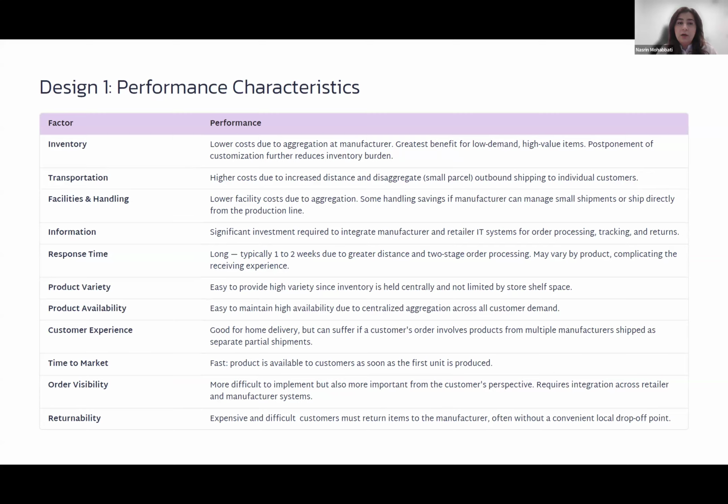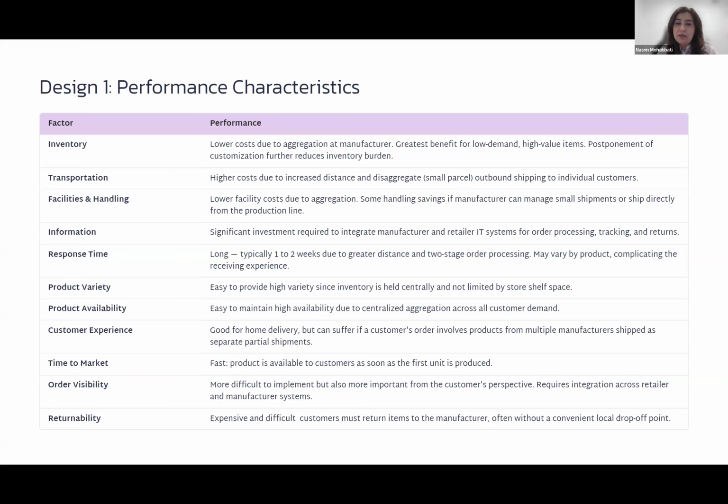Facility cost might be low because we are aggregating all these inventories in centralized facilities, so we don't need many distribution centers.